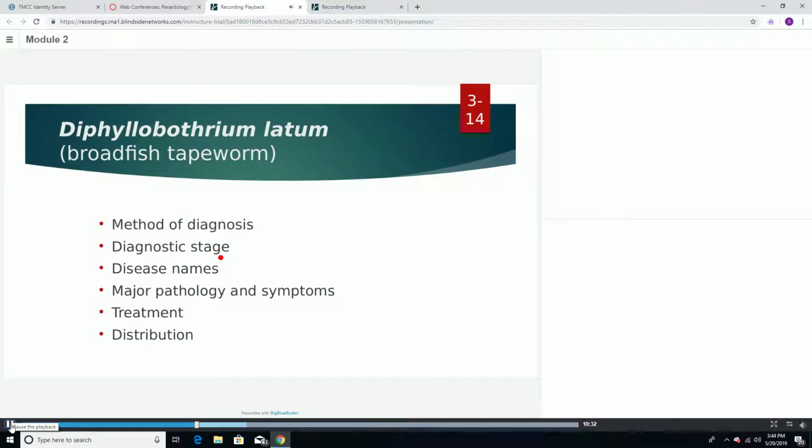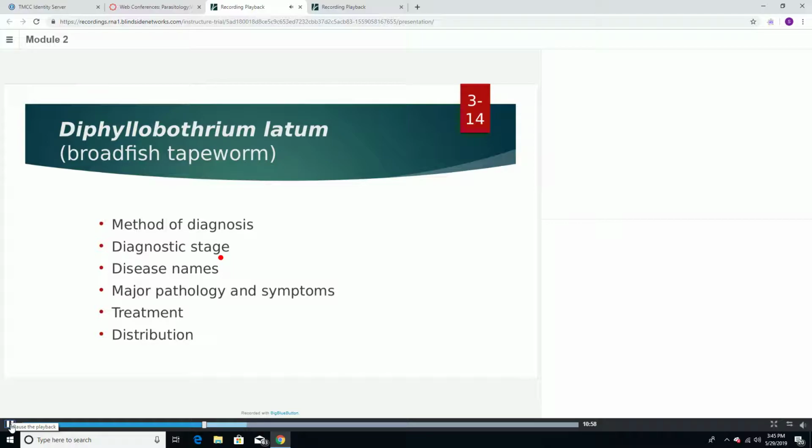Typically, we would mostly just look for an egg because there's generally only one adult present, so it's a little bit harder to recover an adult worm. So again, the diagnostic stage here is going to be the egg, which we'll see on the next slide.